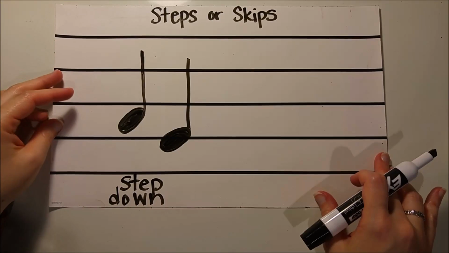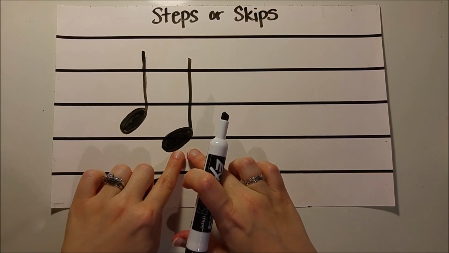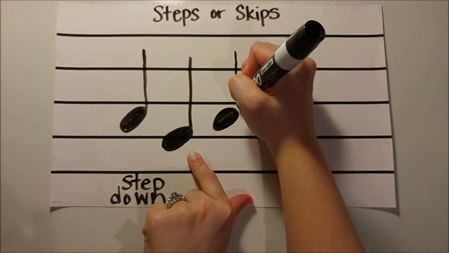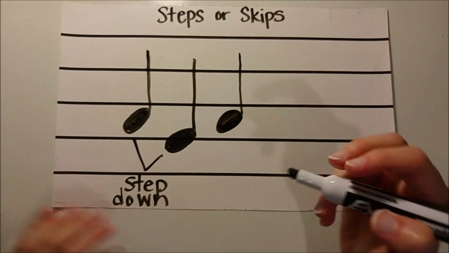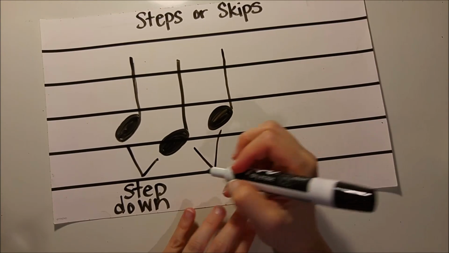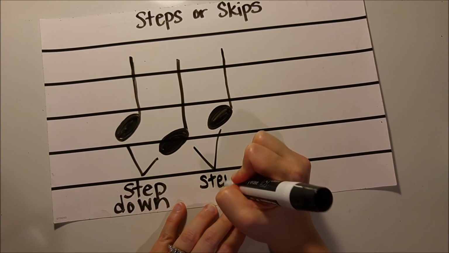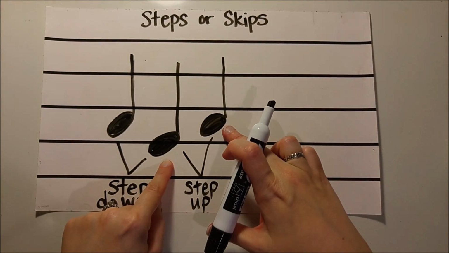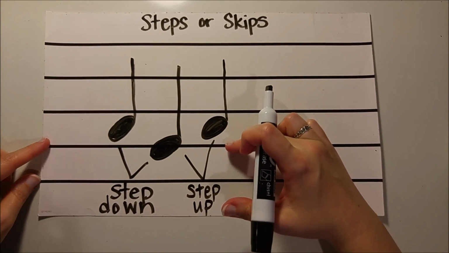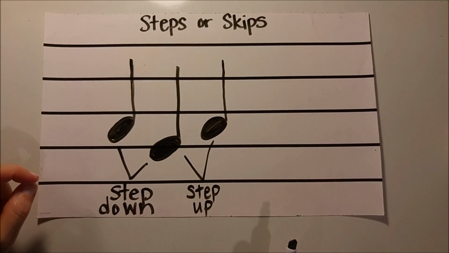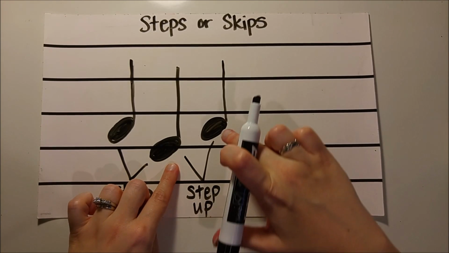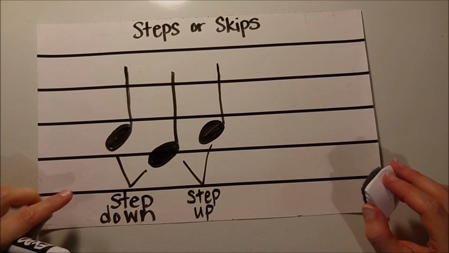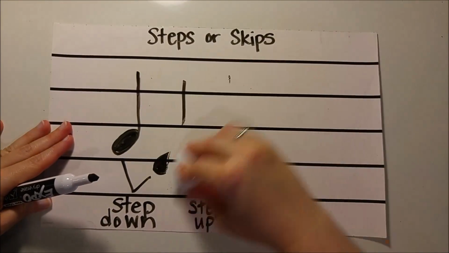Okay, so a step up would be from there back to here. So that was a step down. This then would be a step up. Bum, bum. They're right next to each other. And then it's going from here up to here, step up. So notes that are next to each other move by step.